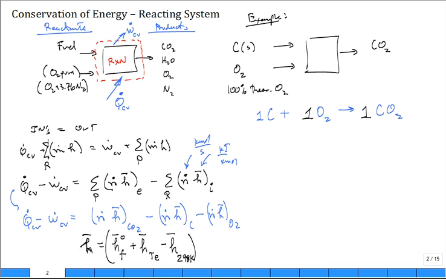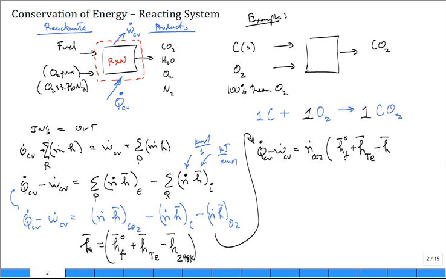Each of those enthalpies on a molar basis is a combination of the enthalpy of formation and then the difference between the current condition and the reference state condition, 298 Kelvin, 1 atm. So let's expand out the equation. Q dot minus W dot is equal to the molar flow rate of the carbon dioxide times the enthalpy of formation of the carbon dioxide, plus the enthalpy of the carbon dioxide exiting at that exit temperature, minus the enthalpy at that reference.